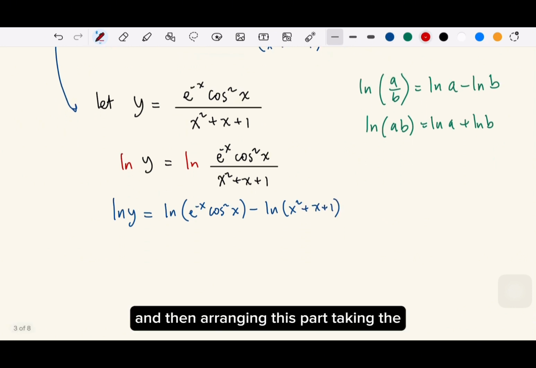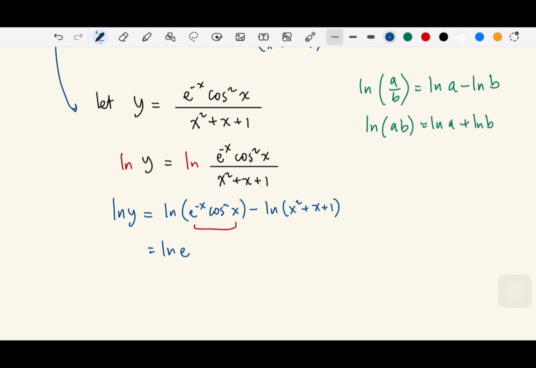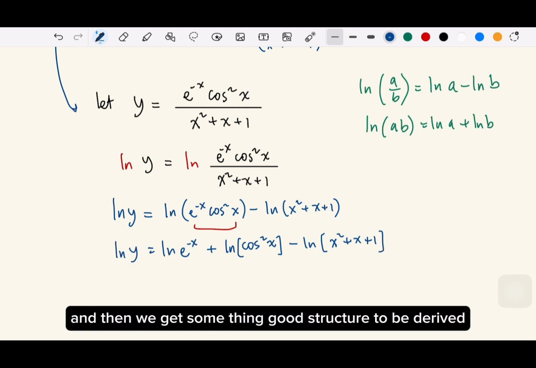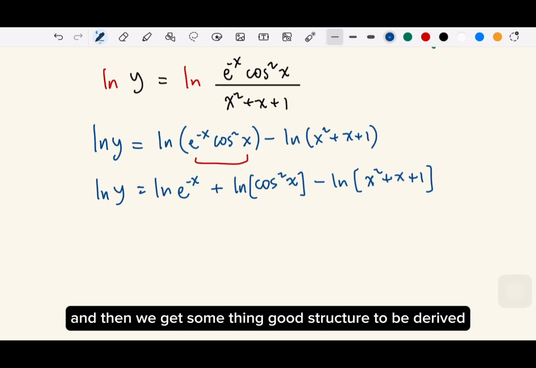And then arranging this part, and then we get some, I think, good structure to be derived.